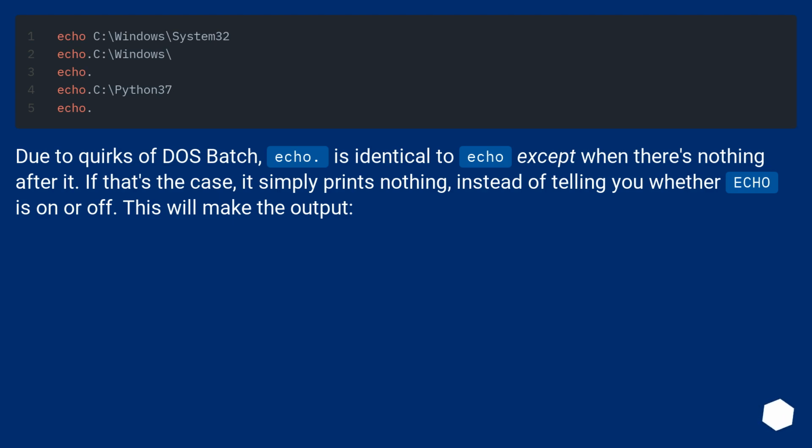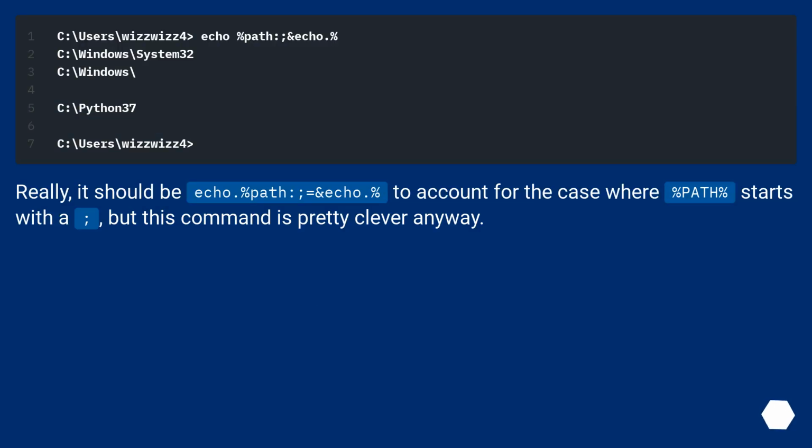This will make the output: Really, it should be echo.%path:;=&echo.% to account for the case where %path% starts with a semicolon, but this command is pretty clever anyway.